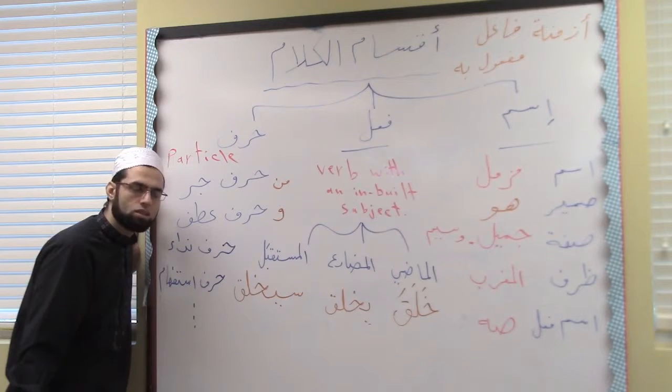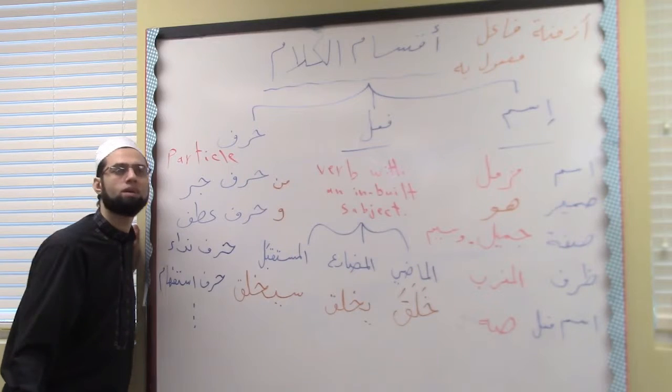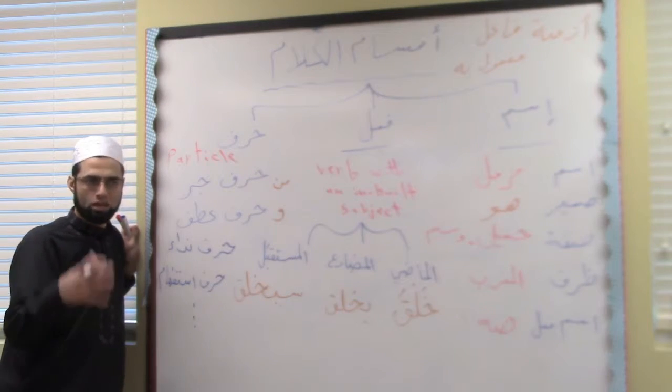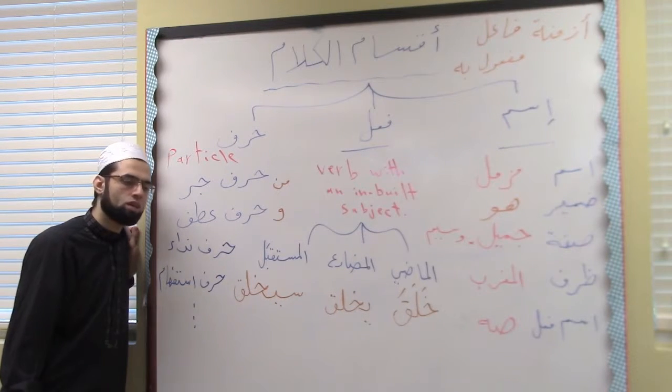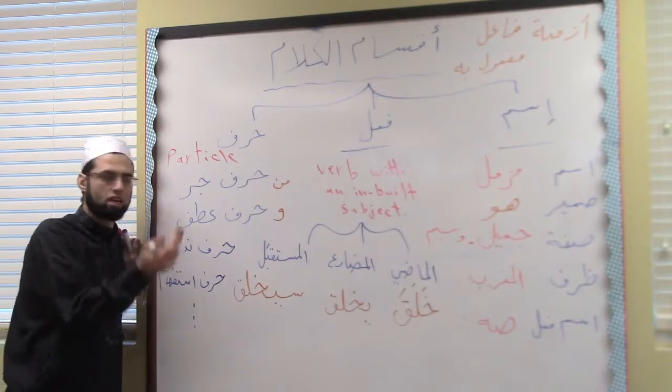Harf nida is the particle that you use for calling someone. In English, mostly they delete it. So they say, for example, Ahmad, they don't say, oh Ahmad, right? Also in Arabic, sometimes we drop the particle for calling others.